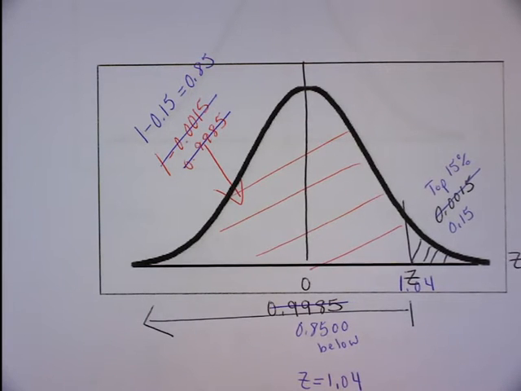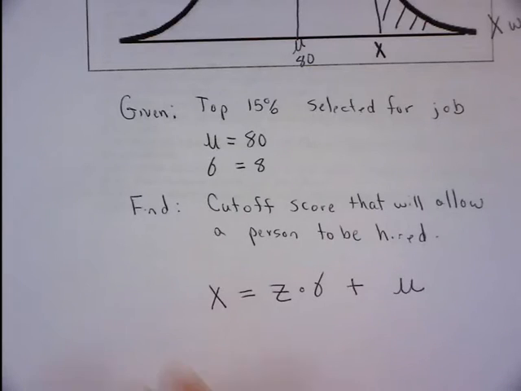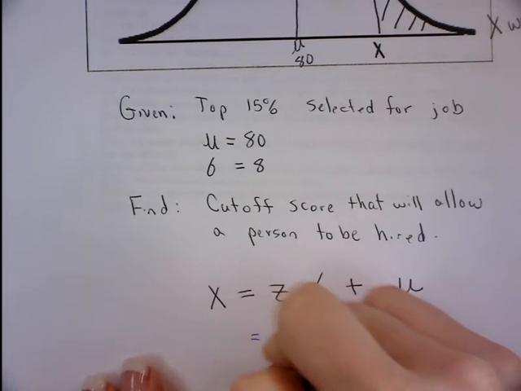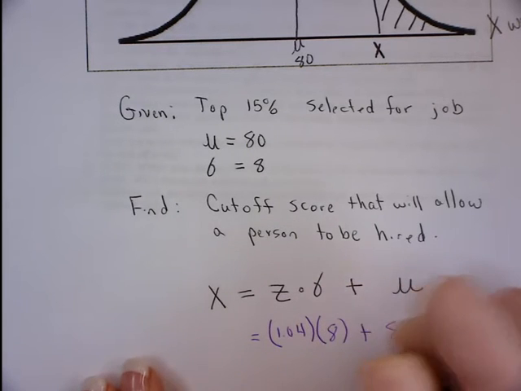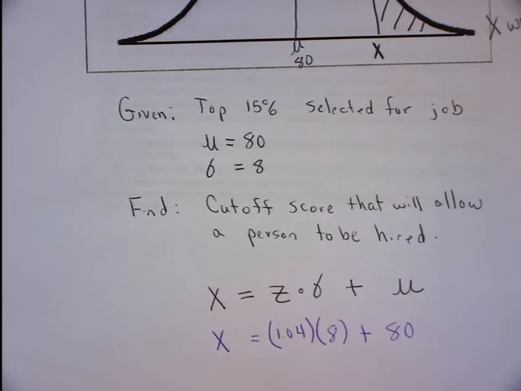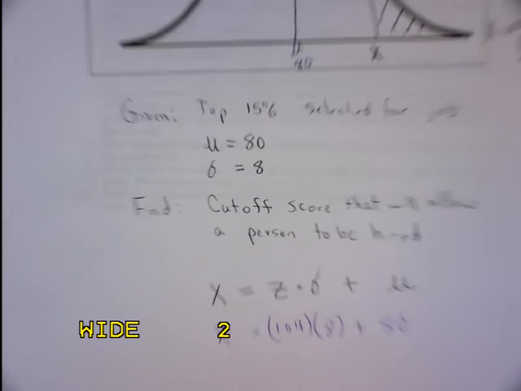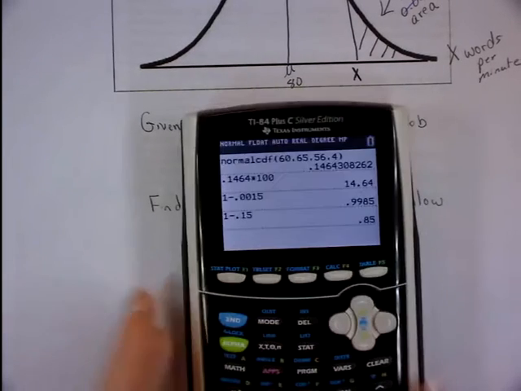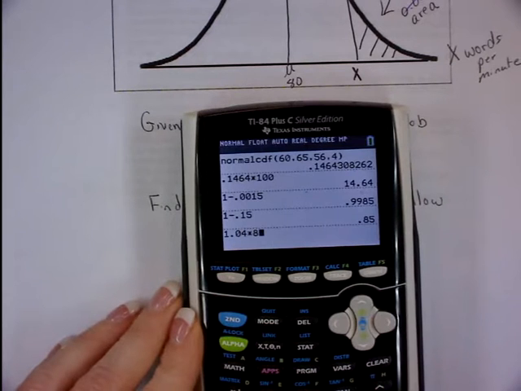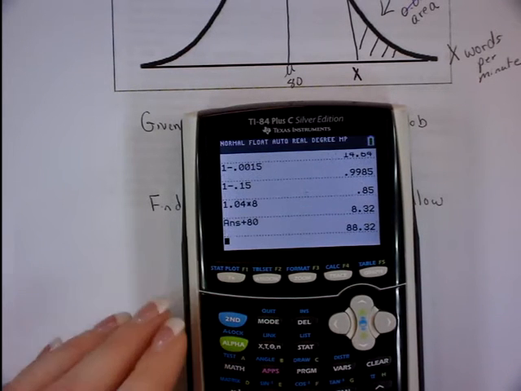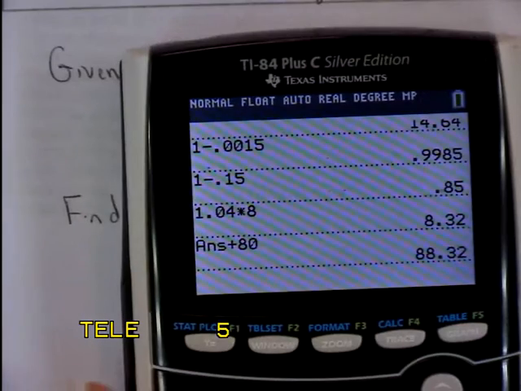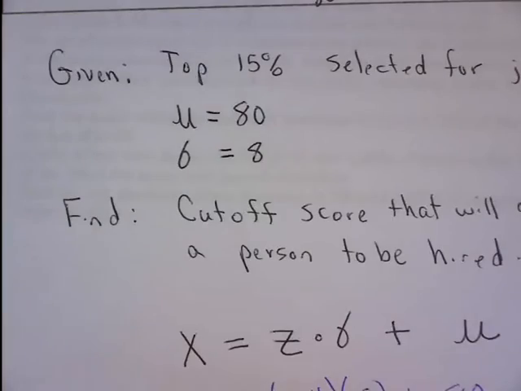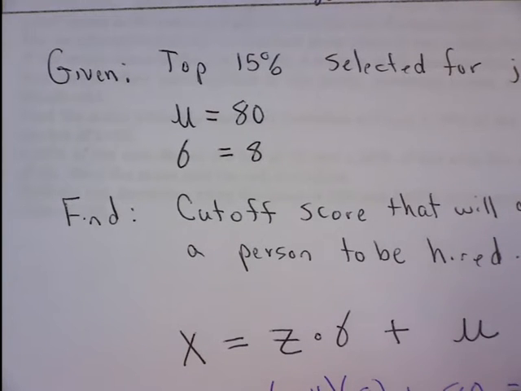Now going back to this cutoff formula, you will put in 1.04 times 8 plus 80. And that's going to be your cutoff on the x-axis. So 1.04 times 8 plus 80 is 88.32.